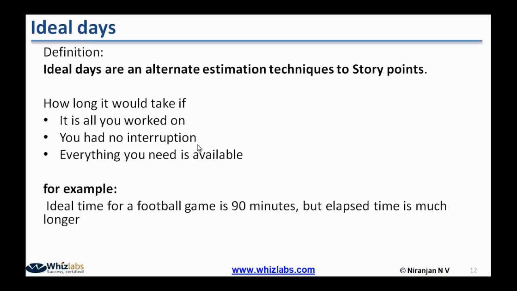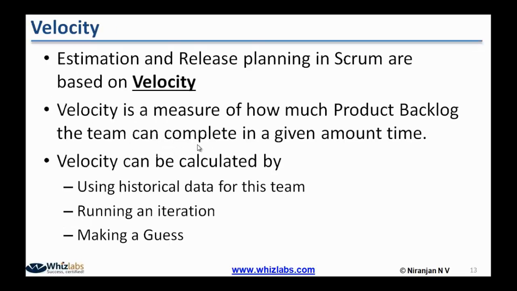So there is an ambiguity in this kind of situation. That is why ideal days estimation is not very popularly used. The most popular unit is story points based estimation, because it does not have any such ambiguity like an ideal story point or a real story point.